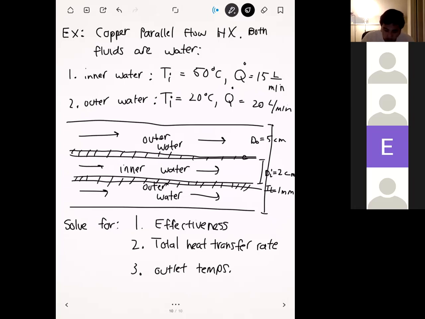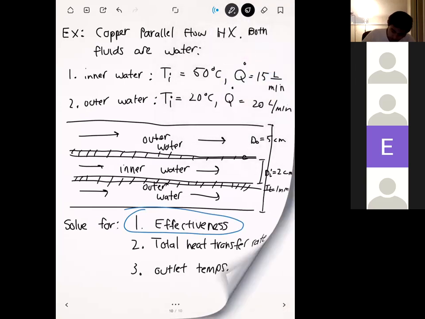So this is the setup for the problem. Now let's go ahead and start solving it, starting with the effectiveness.